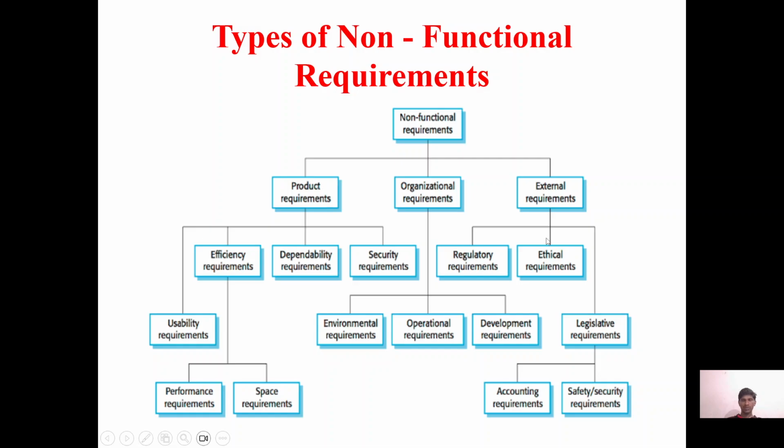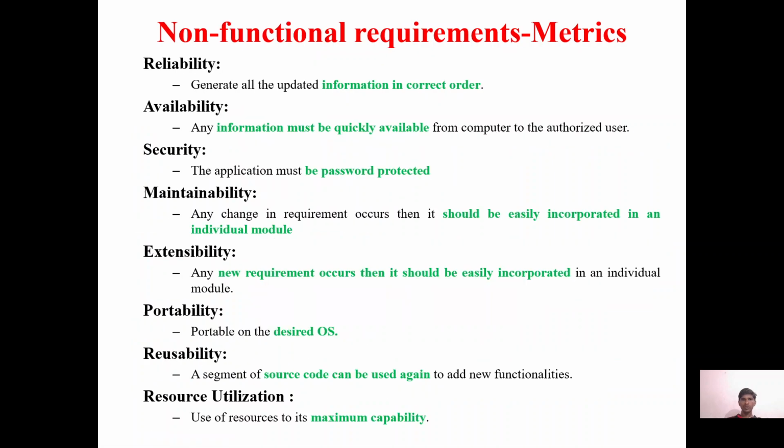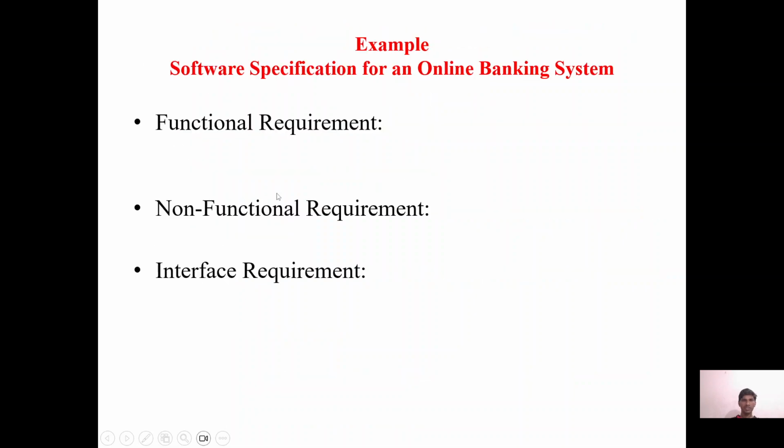External requirements include regulatory, ethical, and legislative requirements. The non-functional metrics include reliability, availability, security, maintainability, extendability, portability, reusability, and resource utilization. These are some of the non-functional requirement metrics.